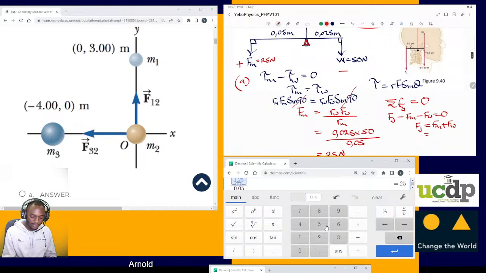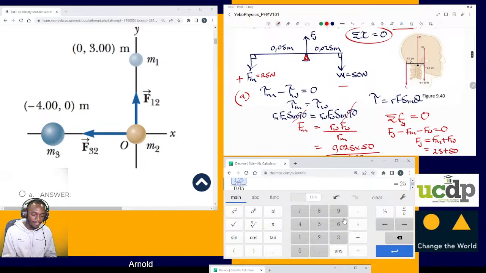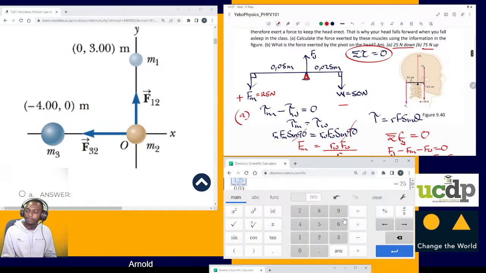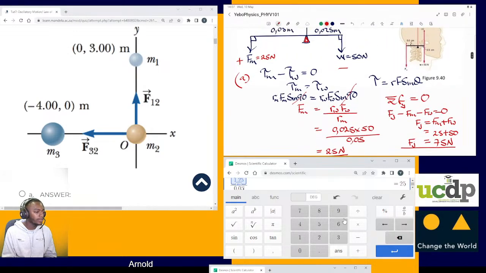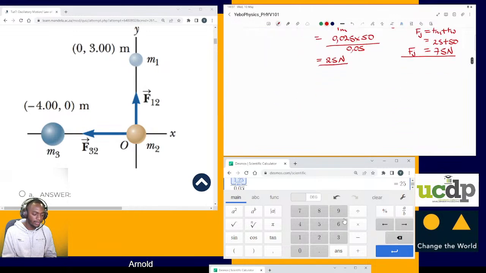So that's 25 plus 50, which is equal to 75 newtons, which is our Fj. And according to the diagram, we see it's going upwards. And this is exactly what we are being asked to find or to obtain. All right, so that is it on this particular question.